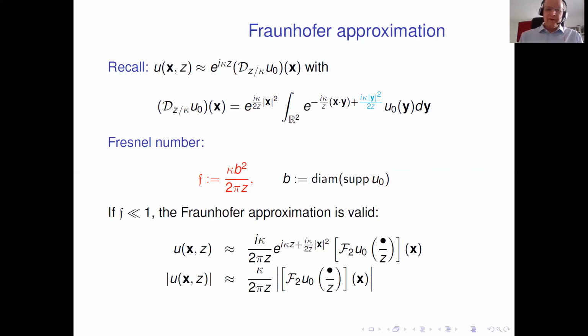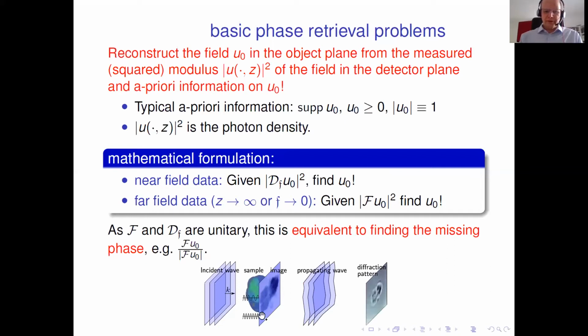Okay, and so then in order to, first of all, recover the exit wave, we have to solve a standard phase retrieval problem, which means in the near field case that, given the absolute value of the Fresnel transform of the exit wave, we would like to find the exit wave. Okay, this is of course highly non-unique, because the Fresnel propagator is a unitary operator, so you can cook up any phase and then apply the adjoint operator, and you get some exit wave, and you get a different one for each phase that you thought of.